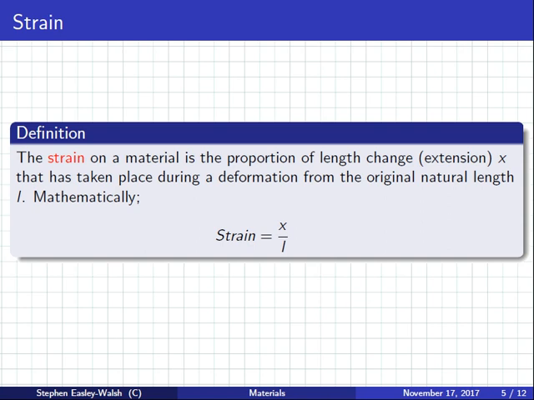No unit, correct. The extension does have a unit, and the length does, but they're both the same unit, because you measure extension in meters and length in meters. What are the units on the top? Meters. You cancel them. So actually strain has no units, it's unit free.